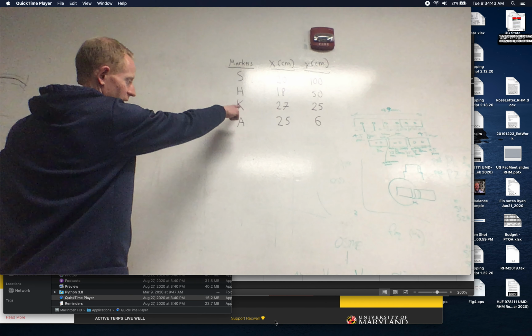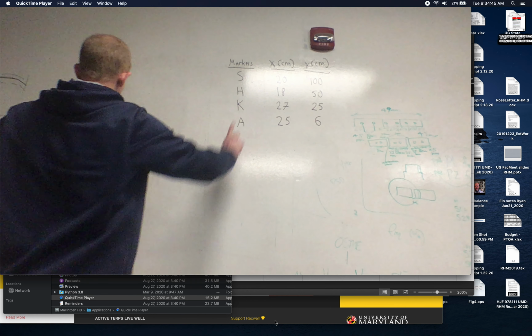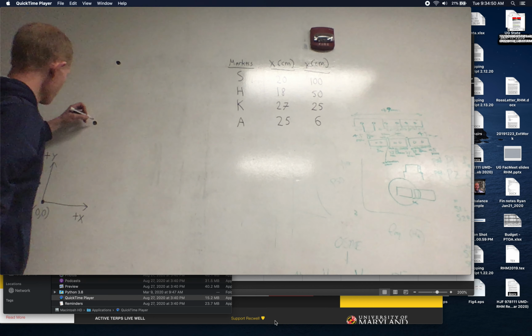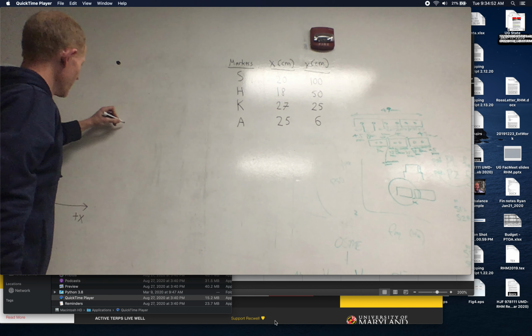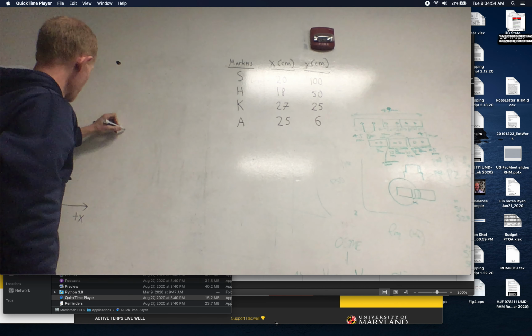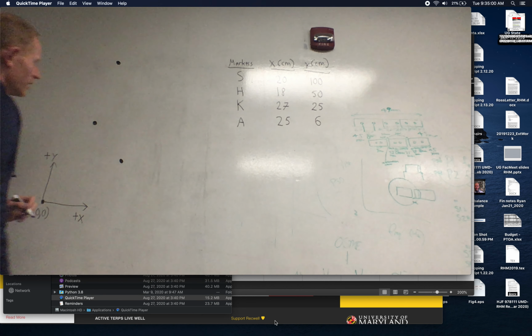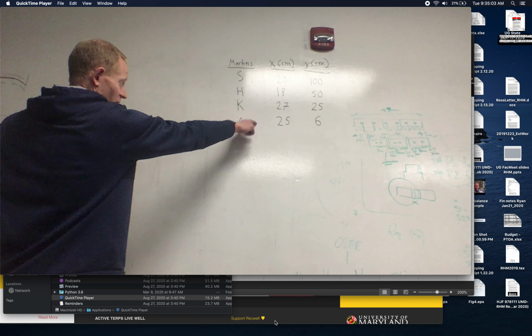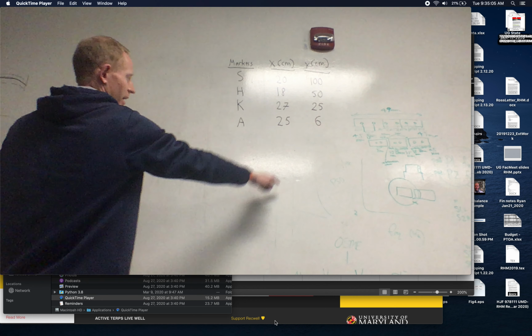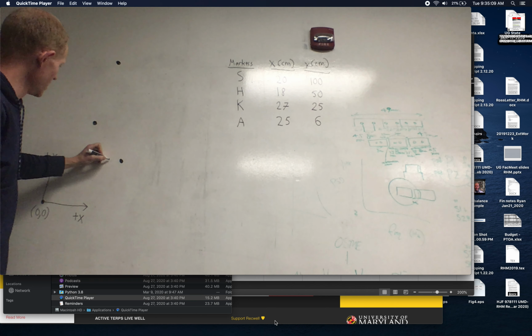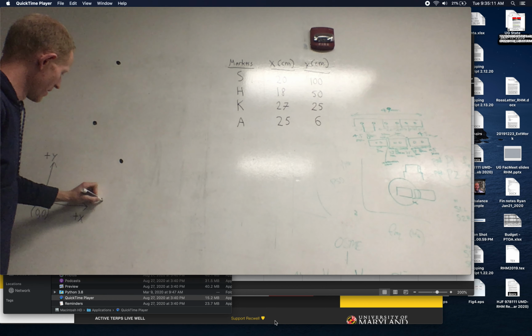And then my knee is 27 units in the x direction, so it's in front of both the hip and the shoulder, so maybe about here. And then 25 units in the y direction, so about halfway down to the ground from the hip, right about there. And then my last one, my ankle, is a little bit behind the knee and just a little bit above the ground. So a little bit behind the knee and a little bit above the ground.